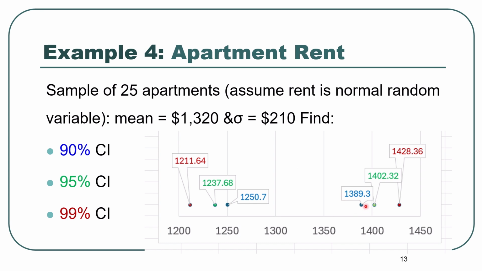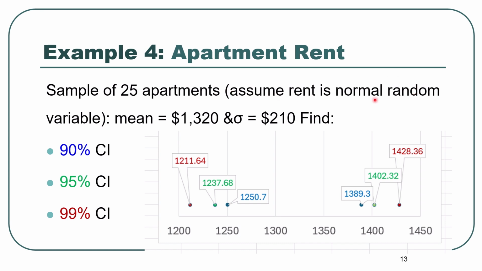As you see, for a 90% confidence level, this is the smallest confidence interval to estimate the mean for this sample, the mean of the rent. And here assuming actually that the rent is a normal random variable.